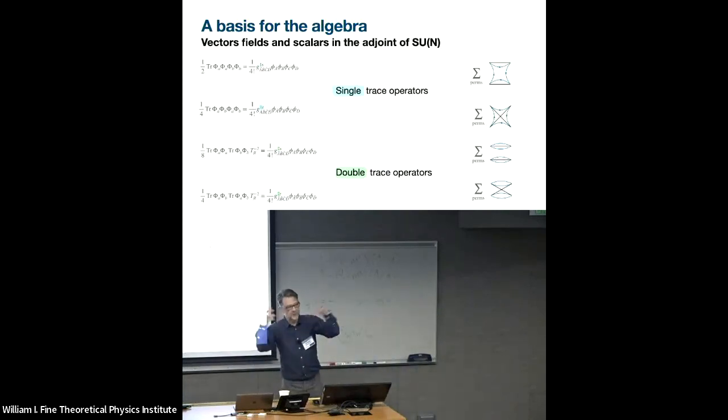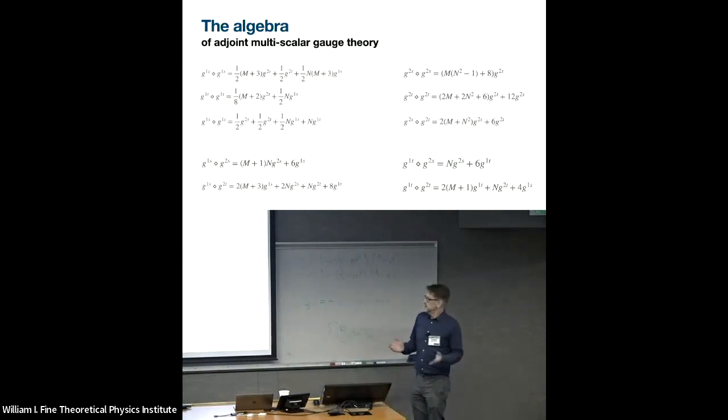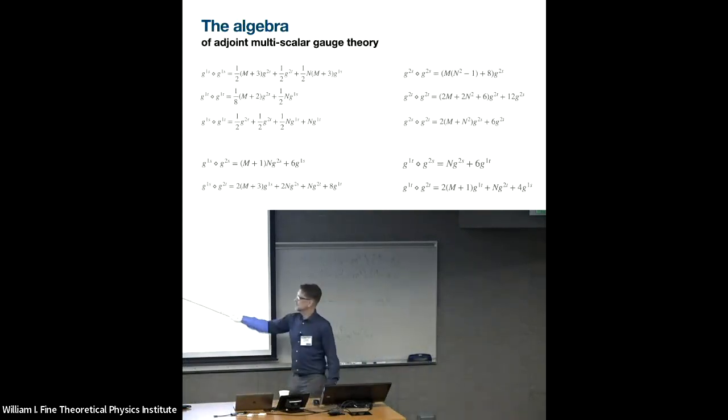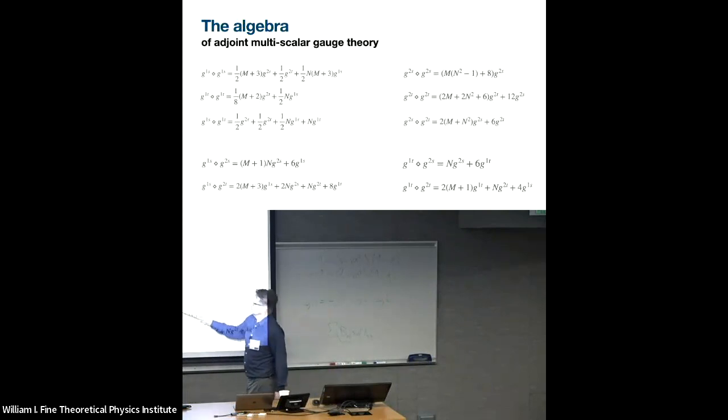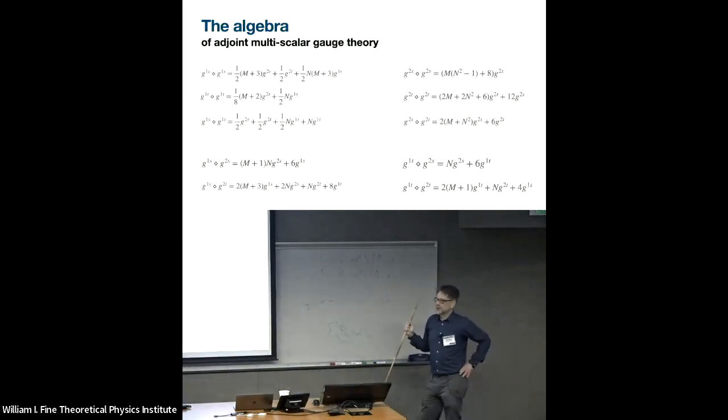Then you just have to multiply these together. You can do that in diagrammatic bird track language or just using algebra. Eventually you get this summary, which is the algebra: diamond products of these two elements give you this sum of elements. That's what an algebra is.